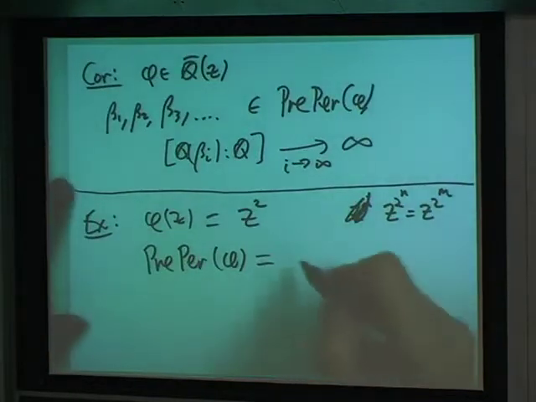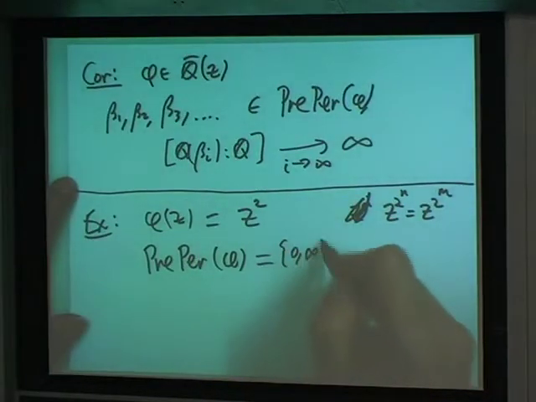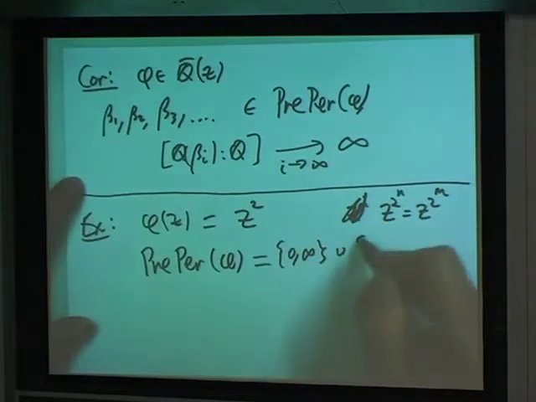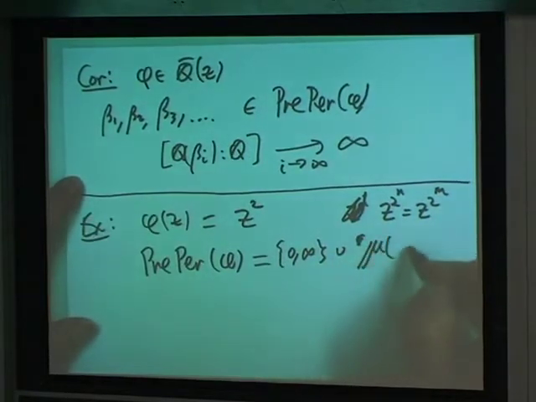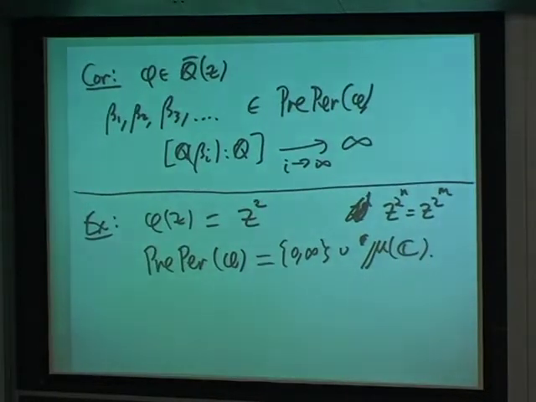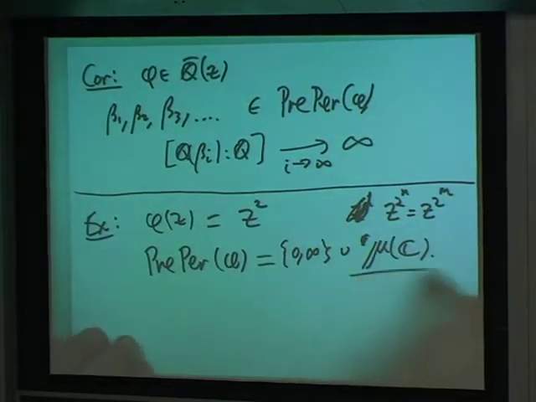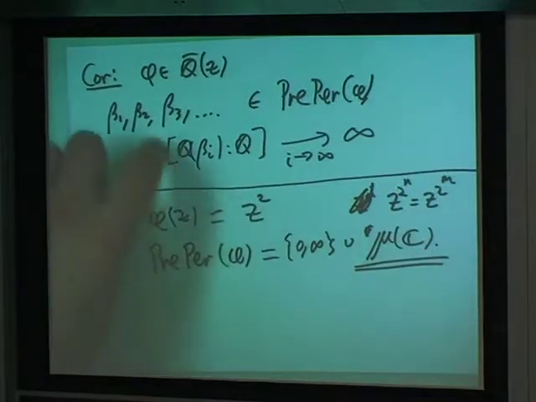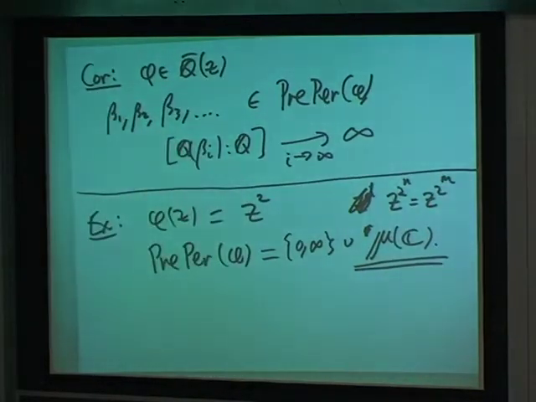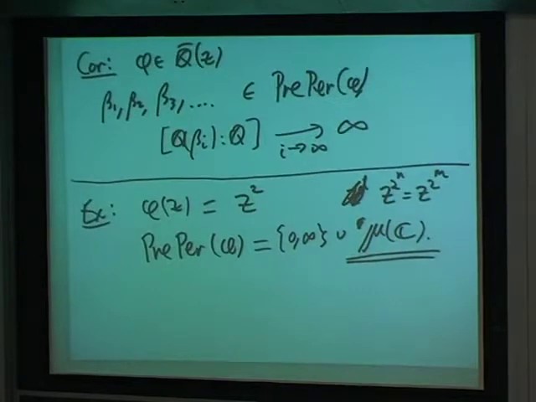Okay, so if you think about it, you get 0 and you get infinity, and you get, let's see, roots of unity, the set of all roots of unity, and that's exactly what you get. And of course, it's a standard fact that if you take a list of distinct roots of unity, the field of definition goes to infinity, right? Because the irreducibility of the cyclotomic polynomial would certainly imply that. Okay, so that's an elementary, one of the few elementary examples.